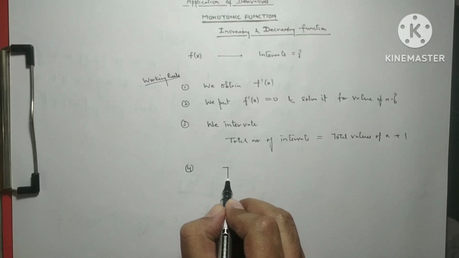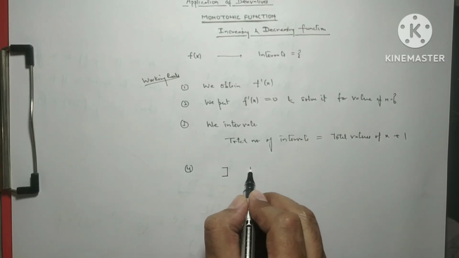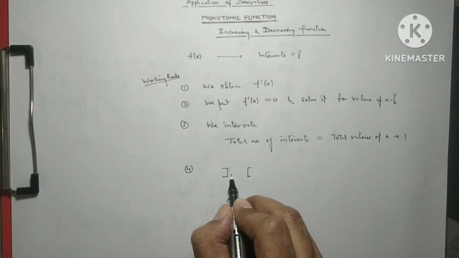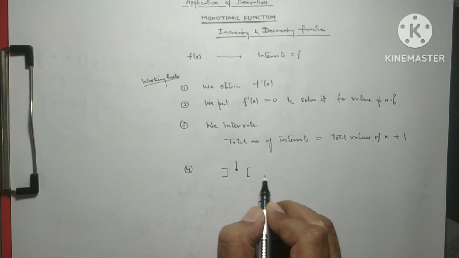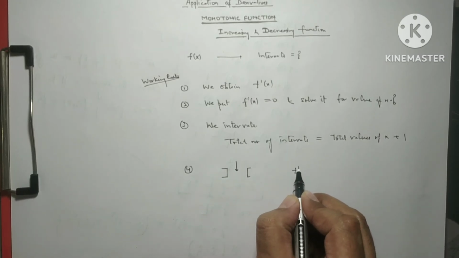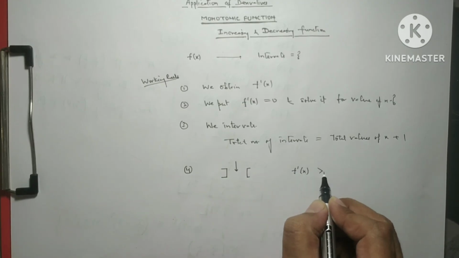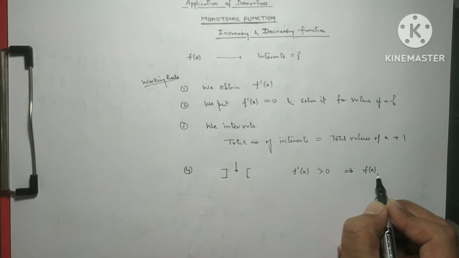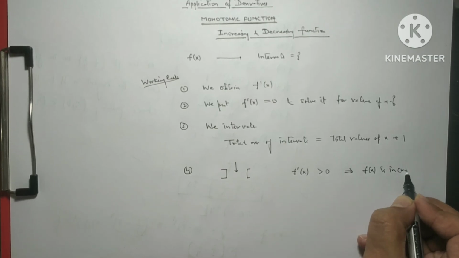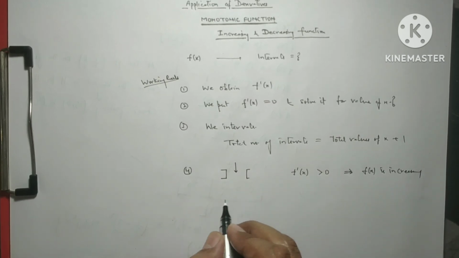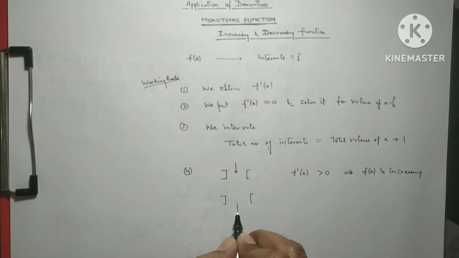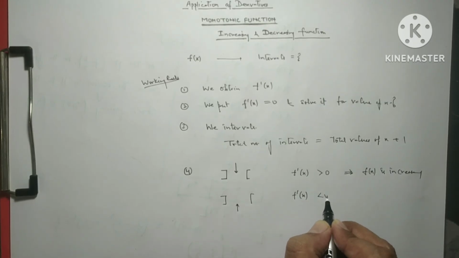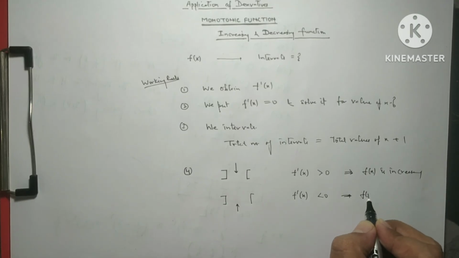We put any value within the interval, let us consider an in-between value, and if on that value we get f dash x greater than 0, then the function will be increasing on that interval. And the interval at which f dash x is less than 0, the function will be decreasing.